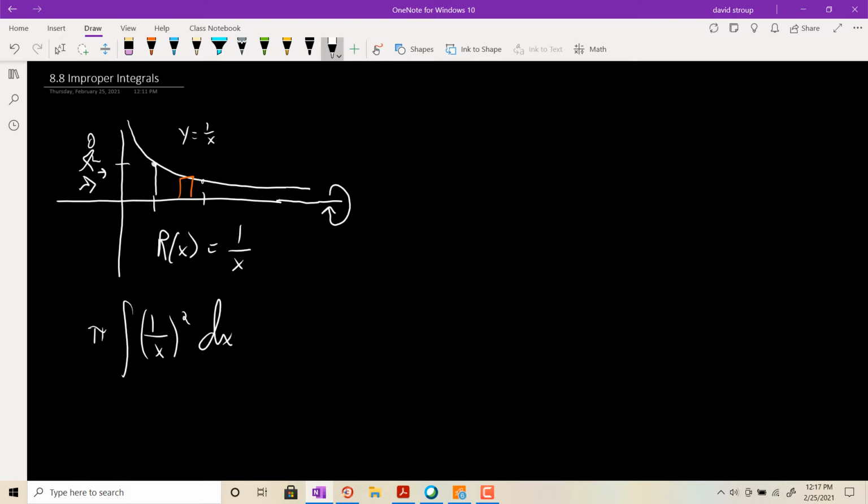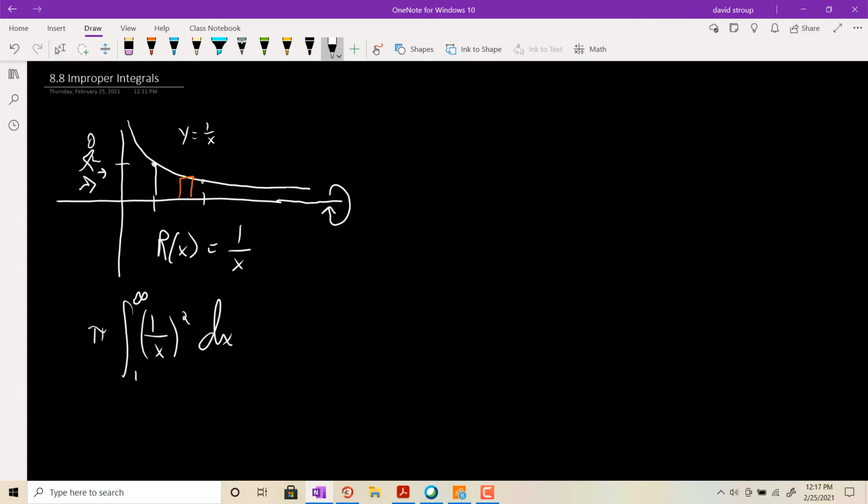The weird thing now is that instead of going from 1 to like 5 or something, we're going from 1 to infinity. That's the new part that we're going to deal with in this section. There are other issues we'll look at, like discontinuities, but here we want to know if we can find a volume, because it could be that the volume is just infinite.